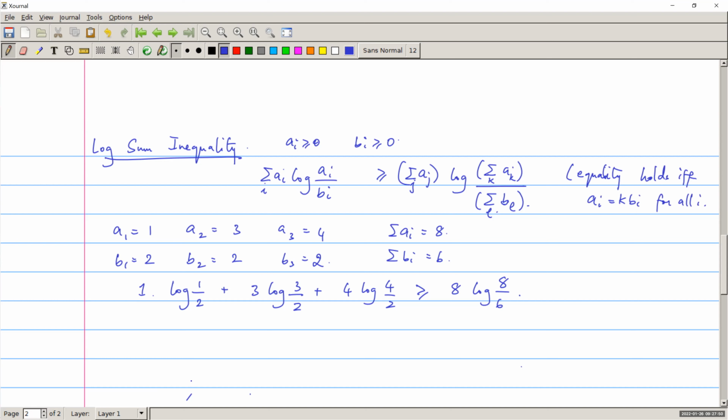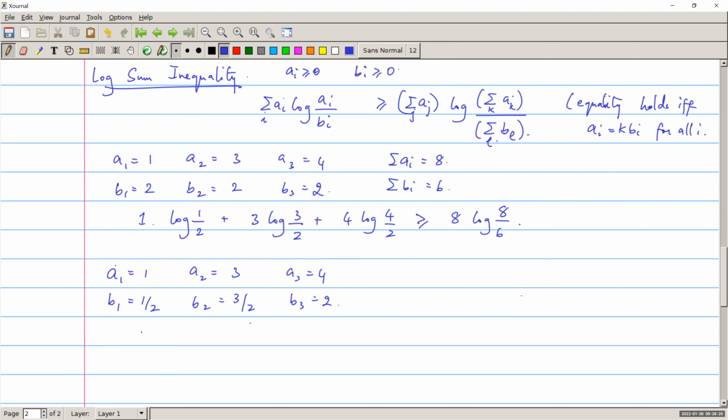For example, if a1 equals 1, a2 equals 3, a3 equals 4, same as before, but now b1 equals 1 half, b2 equals 3 over 2, and b3 equals 2, then a_i and b_i are proportional, so this is the case where you get equality.